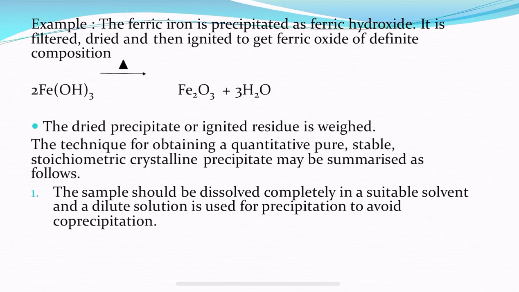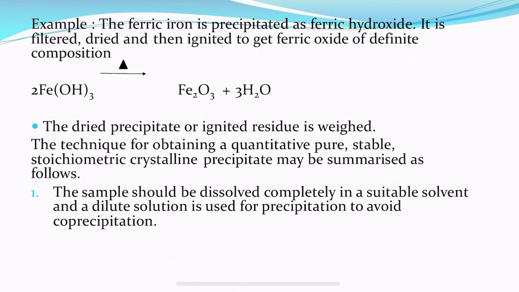This is how we do the precipitation to find out the exact quantity of that particular sample present. We are going to weigh it. Once we have precipitated it, we dry it through ignition or through a microwave oven, and once after drying we weigh it. That is why it is called gravimetric analysis.